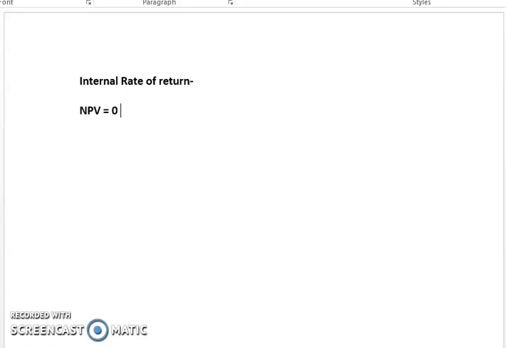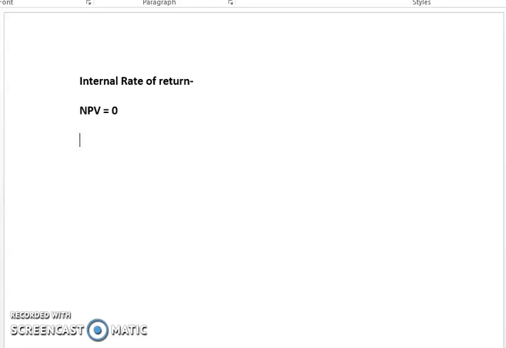There are a few procedures involved while calculating the internal rate of return. There could be uniform cash inflows during the life of the project, or there could be non-uniform cash inflows, with a different amount of cash inflow in each period.